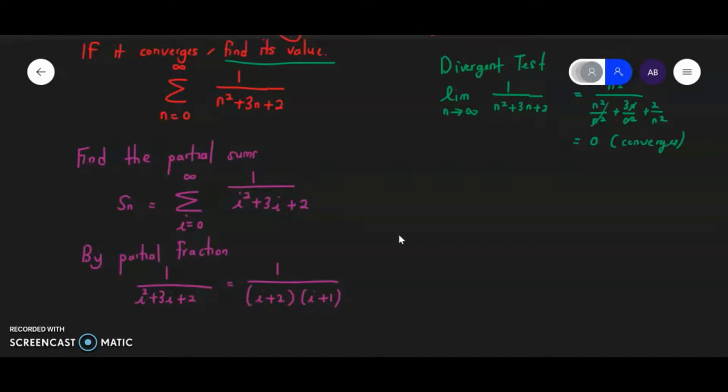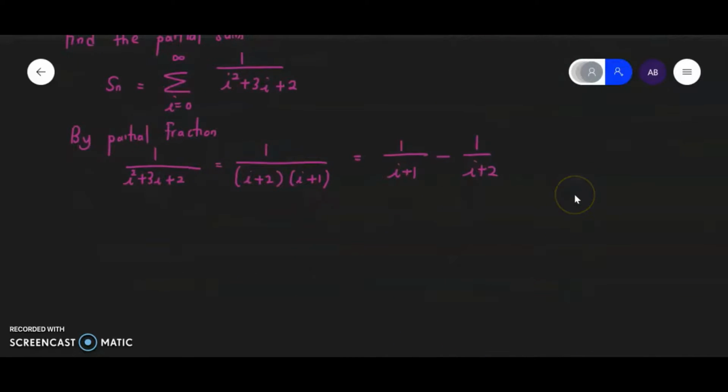So by partial fraction, you can split it into A over i plus 2 and B over i plus 1 and so on. That will give you 1 over i plus 1 minus 1 over i plus 2. Remember, when I multiply it and expand, I should get back the same equation here. So this is the partial fraction for this term. You need to work this out.